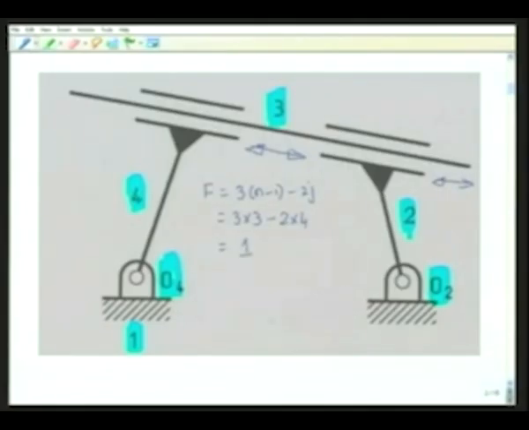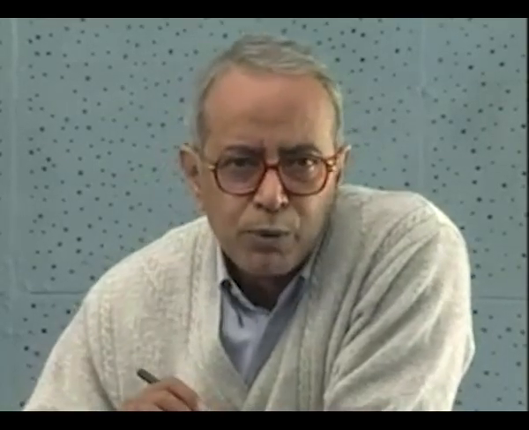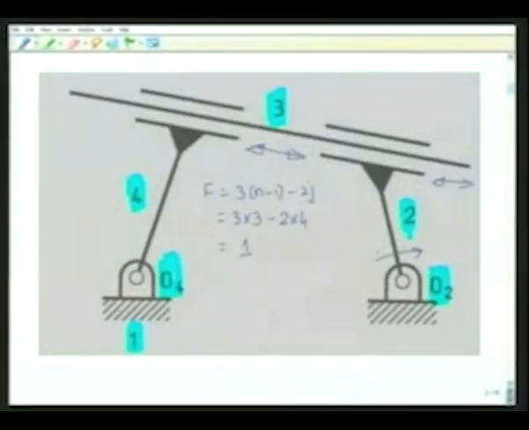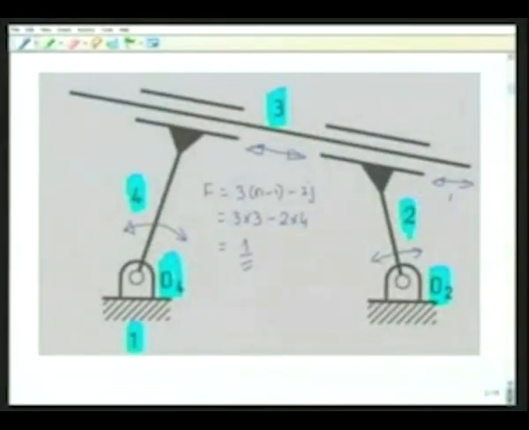So it appears according to the formula that this is a single degree of freedom mechanism, implying unique input-output relationship. However, link 2 or link 4 cannot be moved at all. This is permanently locked, so this acts like a structure. Then what is this degree of freedom 1? That is nothing but this redundant degree of freedom of link 3 along the direction of the prismatic pairs.